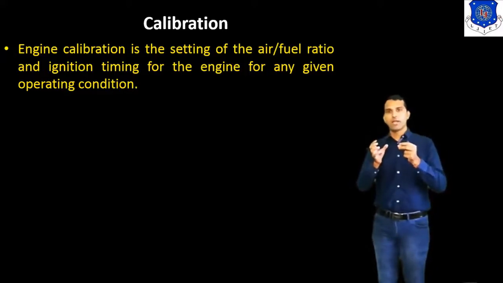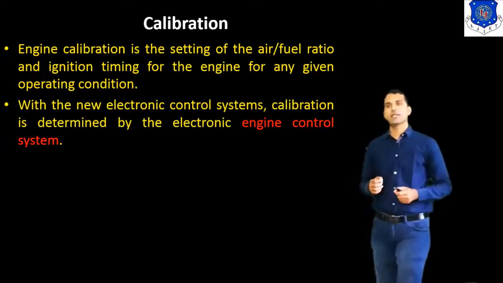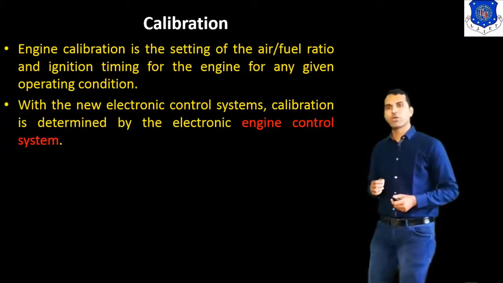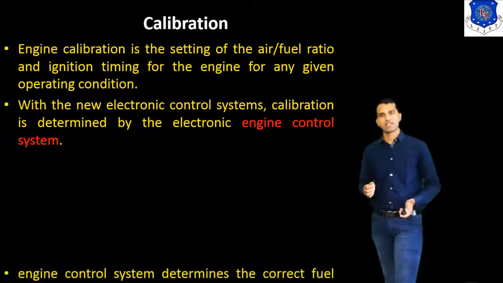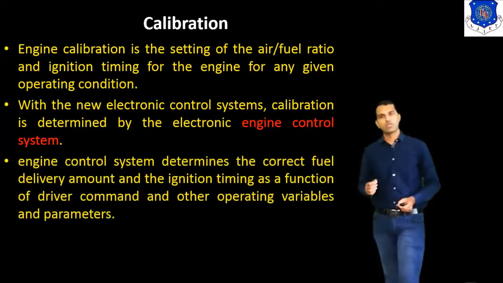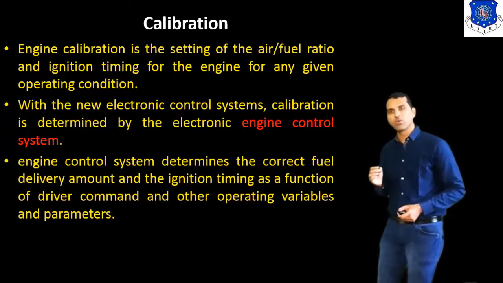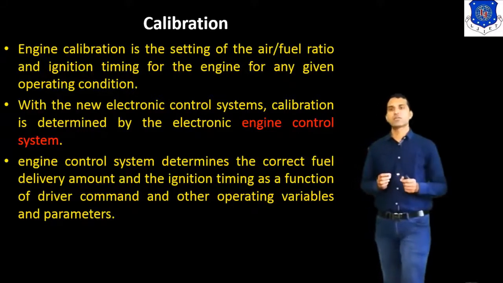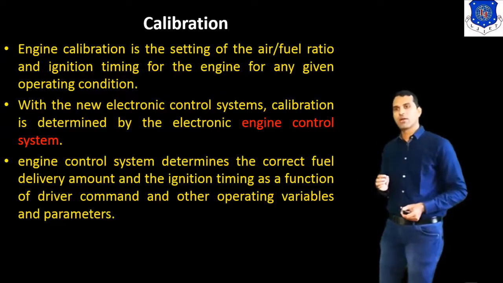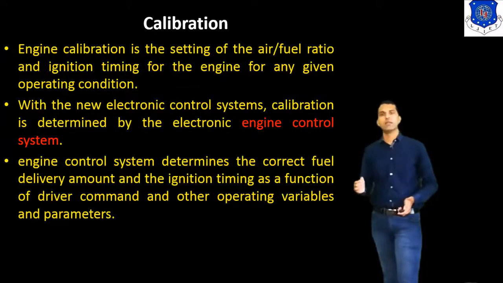With the new electronic control systems, calibration is determined by the electronic engine control system, that means ECS. The engine control system determines the correct fuel delivery amount and ignition timing as a function of the driver command and other operating variables and parameters.